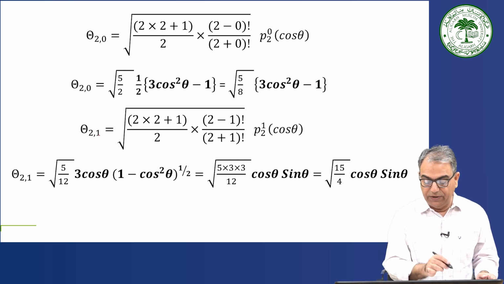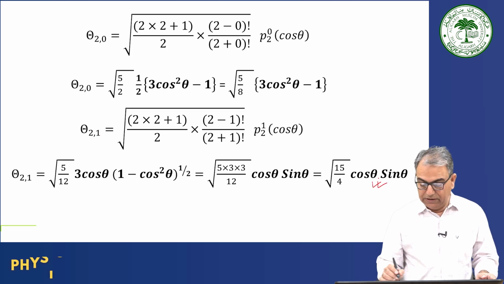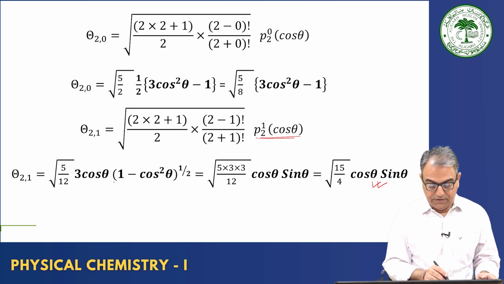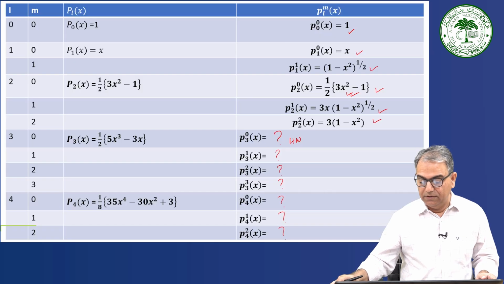Same way for 2 1, you get this one, cos theta sin theta. So this is the final solution which you get. Okay, root under 5 divided by 12, 3 cos theta, 1 minus cos square theta raised to 1 by 2. P21 cos theta is actually this one. Let me check, P21 is 3 cos theta.